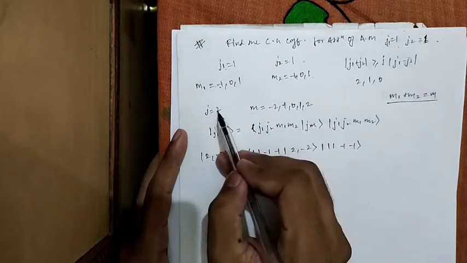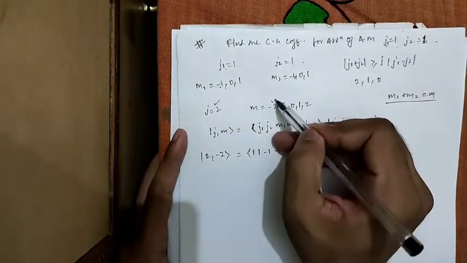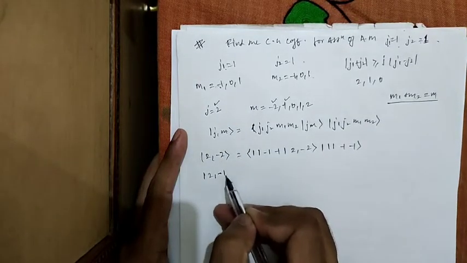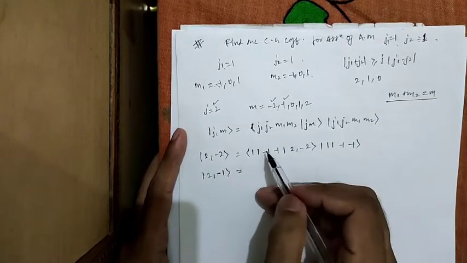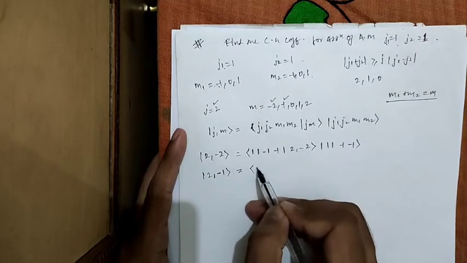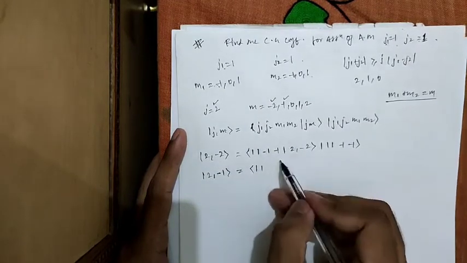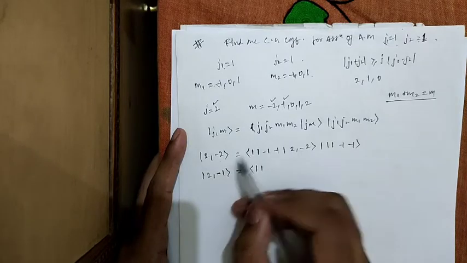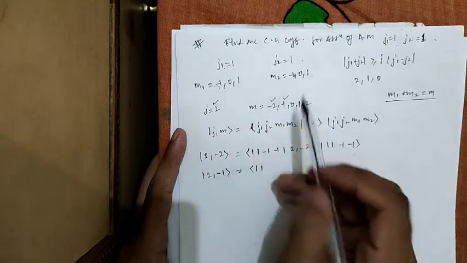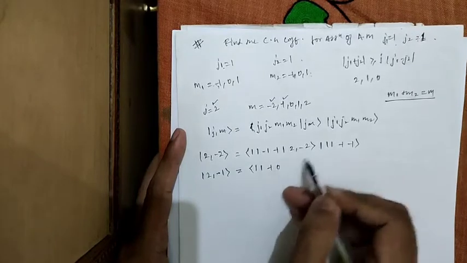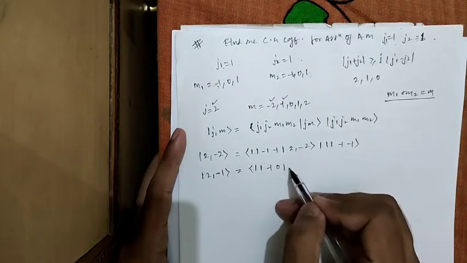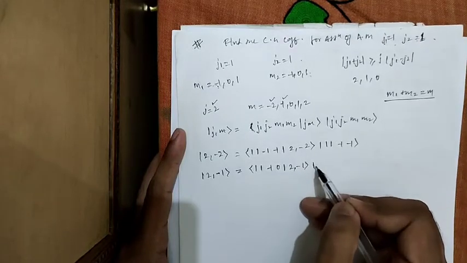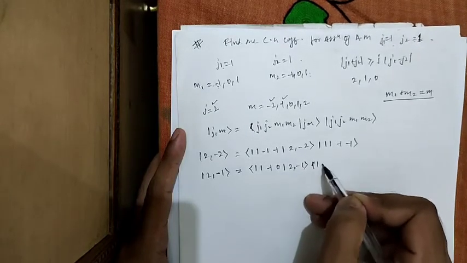Now move to 2 and minus 1. For 2 and minus 1, M1 plus M2 must equal minus 1. So the combinations will be minus 1, 0 and 0, minus 1.